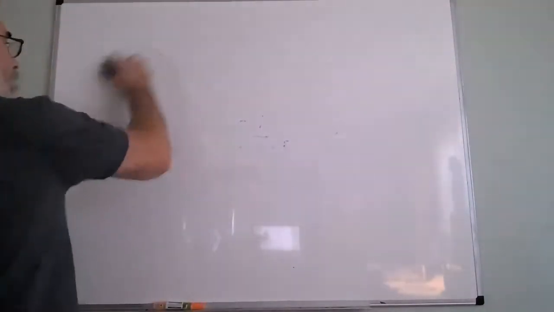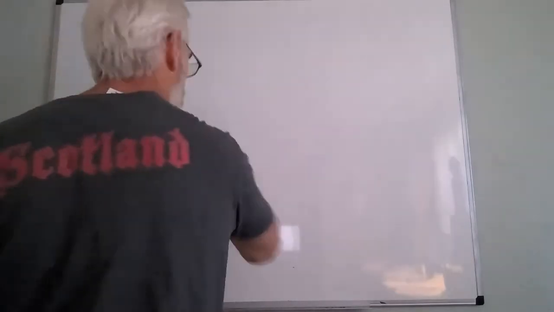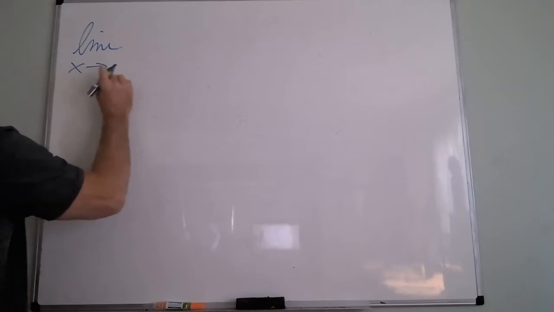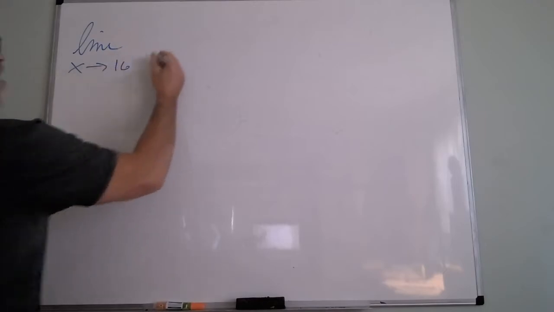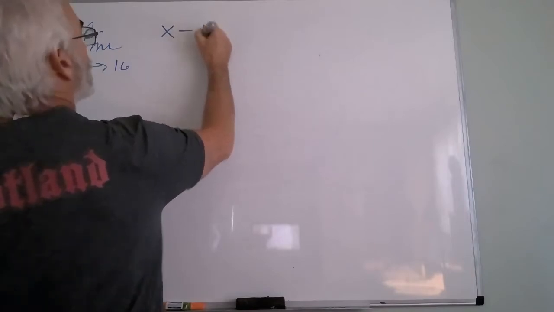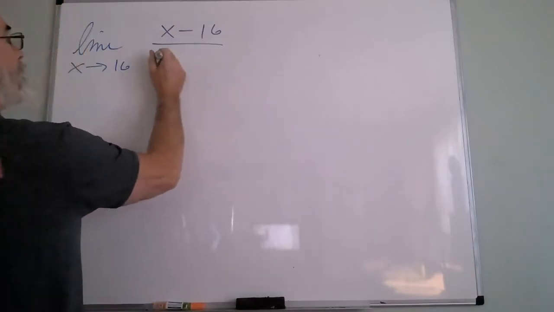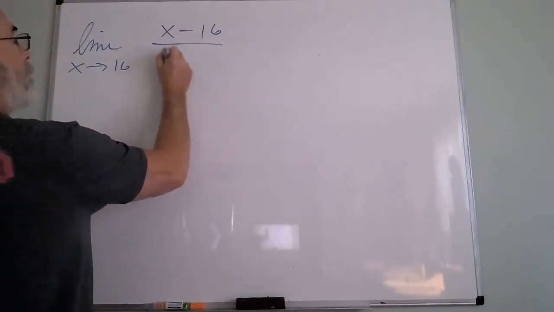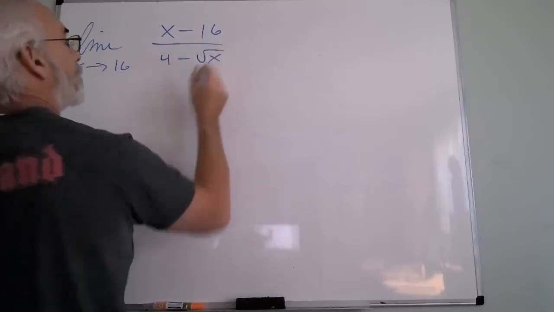So, what if, okay, what if I got something like this? I'll keep it simple. I've got the limit as x goes to, let's say, 16 of x minus 16, and how about 4 minus the square root of x?